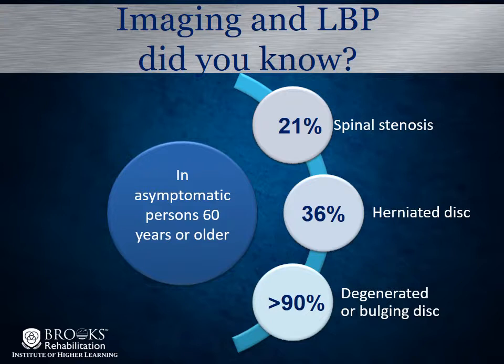The take home here for us is that when somebody goes in and they have, in this case, low back pain, and they do some kind of image, whether it's MR, CT, it could be plain film if they were looking at stenosis, and they identify something.